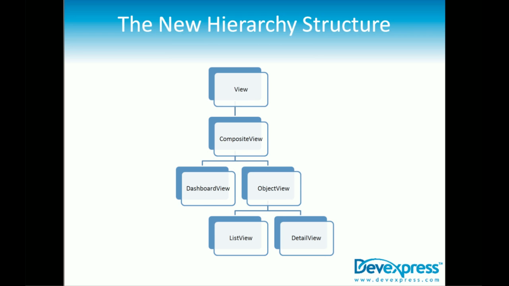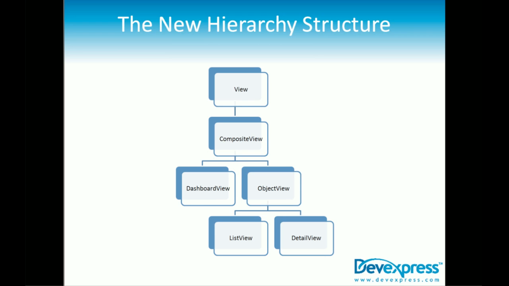Under that, we have the composite view class, which is also an abstract class, and that view is composed of view items, and you can get access to these view items through the view items collection. And the view items are really abstract entities which are represented in the UI by the appropriate controls, so calendars for date items, and that sort of thing.